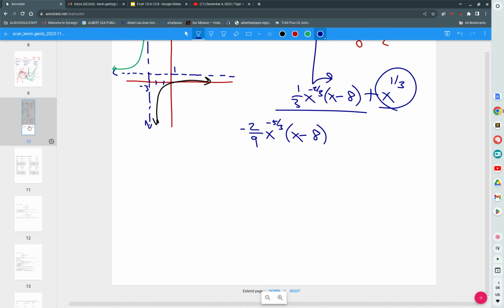Then I have plus 1 over 3 x to the negative 2/3. And the derivative of x minus 8? 1. Plus, what's the derivative of x to the 1/3? Yeah, isn't that the same as what we came up with there?